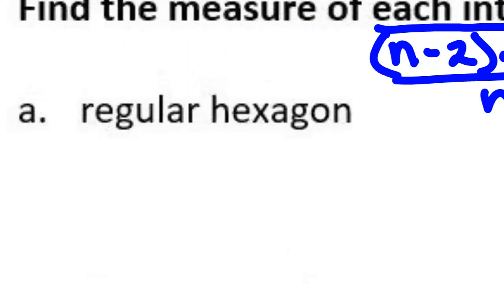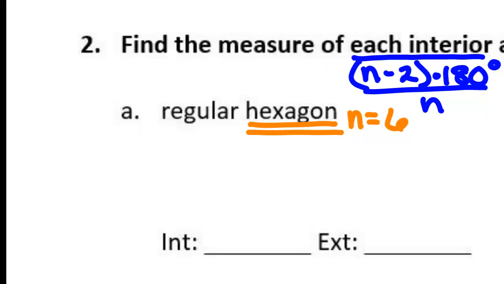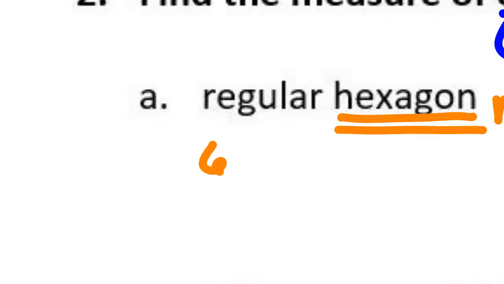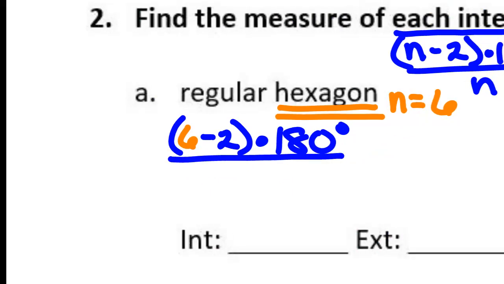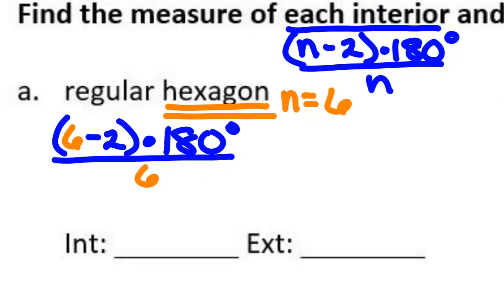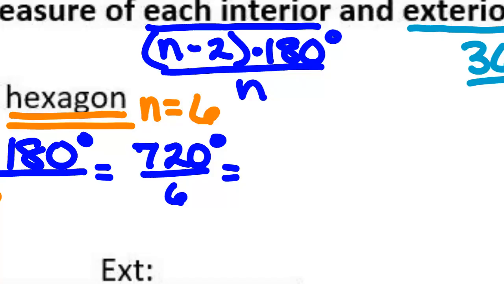For a regular hexagon, how many angles and sides does a hexagon have? 6. So n equals 6. So for interior, we would do 6 minus 2 times 180 divided by 6. That would give me 720 divided by 6, which comes out to be 120 degrees.